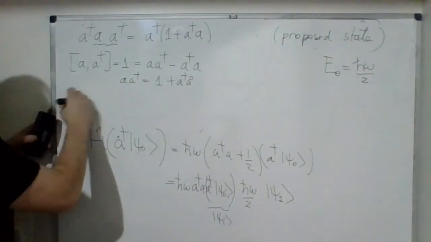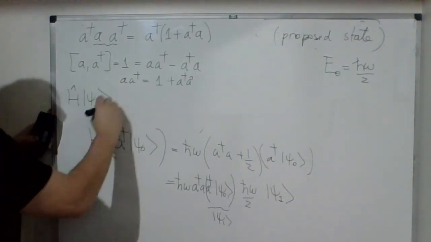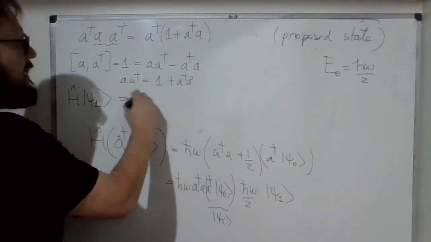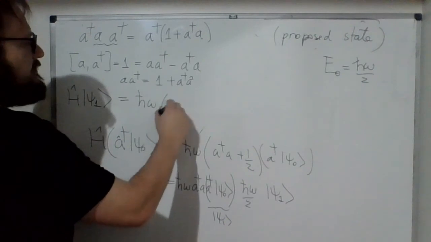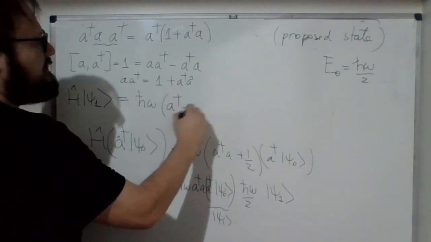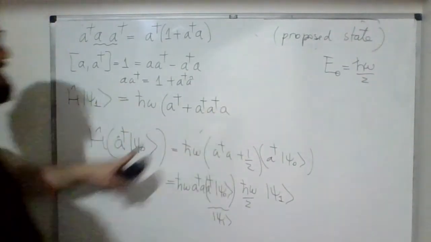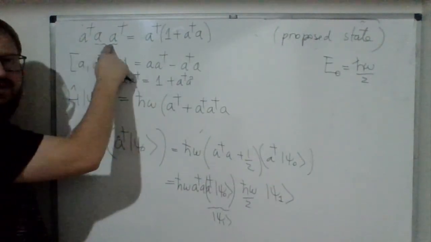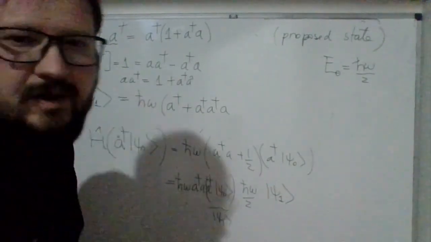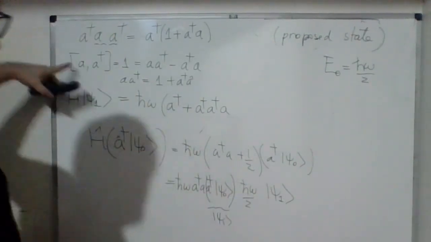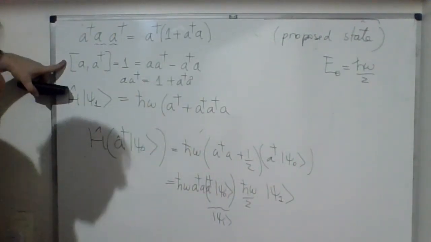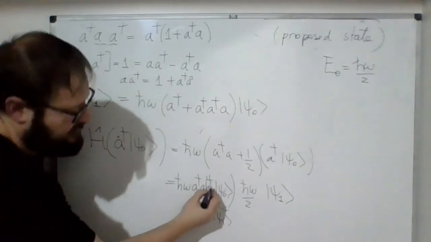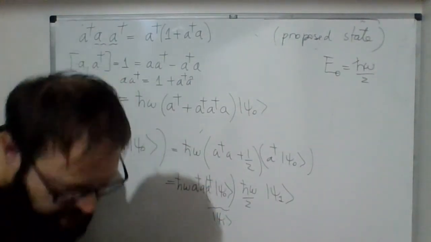And this way, when we apply the Hamiltonian to the state psi 1, we will have h bar omega times a dagger plus a dagger a dagger a, all right? Because we are recollecting the terms here and writing this the following way, so we can use the commutator relation for the ladder operators, as Dirac called them, psi naught. I'm just rearranging this in the following form.